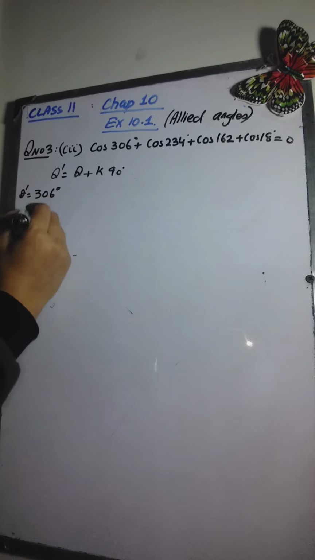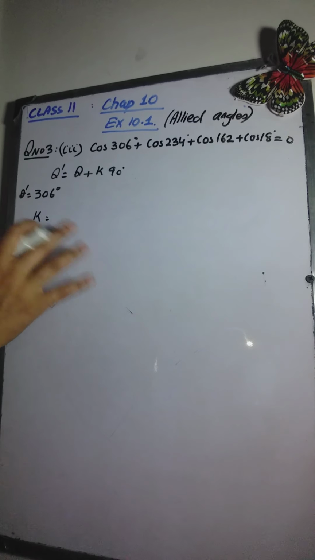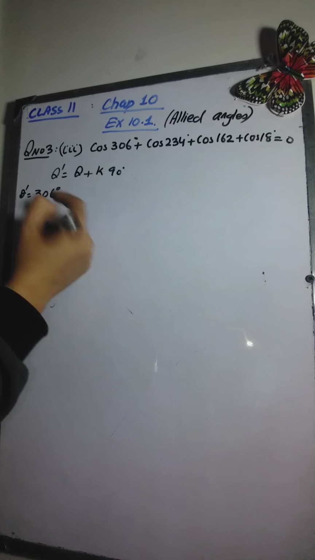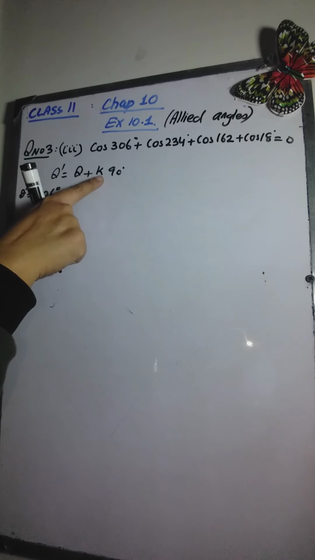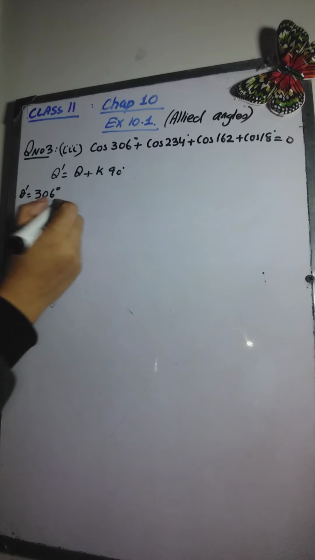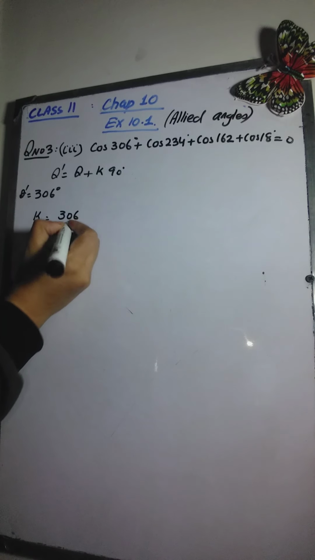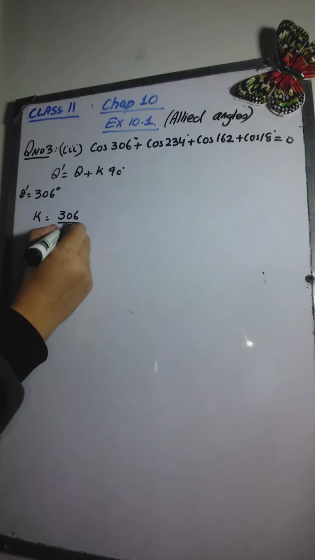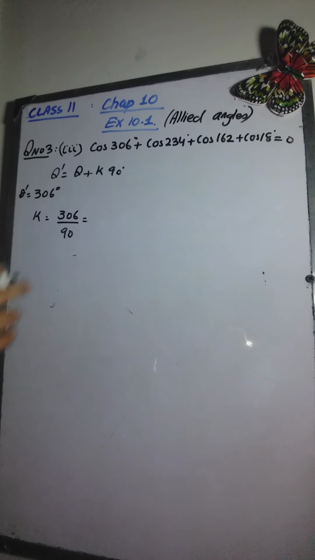To find k, the approximate value of k can be deduced by dividing theta dash by 90. First of all, you are going to divide 306, the angle which is given to you, by 90. Dividing these two, we are going to get the approximate value of k.